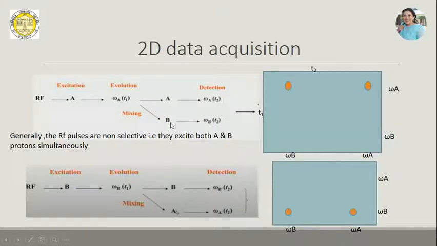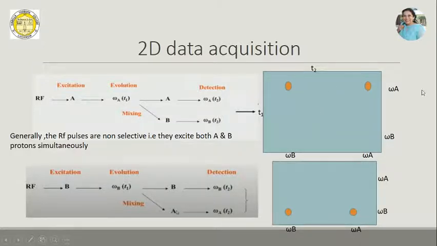Because some magnetization is left with A and some is in B, the second pulse applies to both A and B, and now if Fourier transform is done, we will see two peaks instead of one.